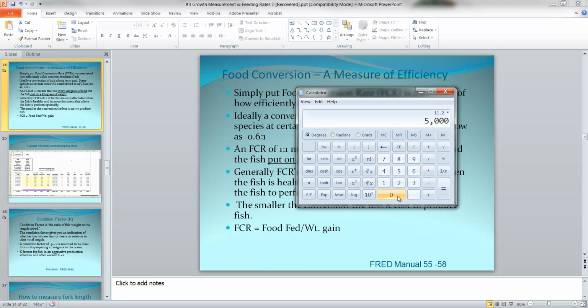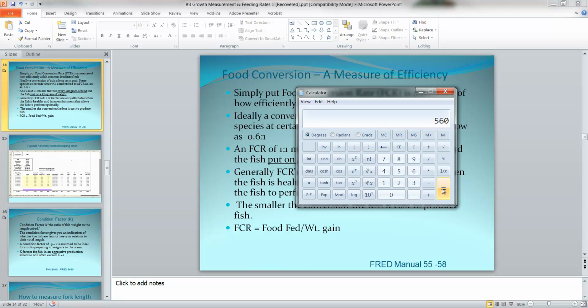A shortcut is to just leave off these zeros, but I'm going to do it longhand here. So that equals this many grams. This is the newest weight, 560,000 grams. I'm going to divide by 1,000, so it's 560 kilograms of fish in this tank today.